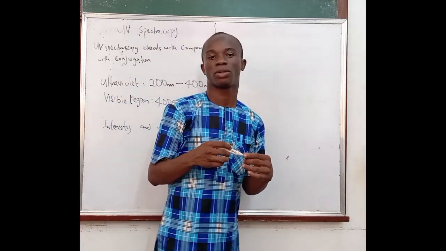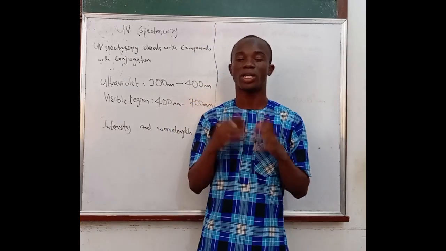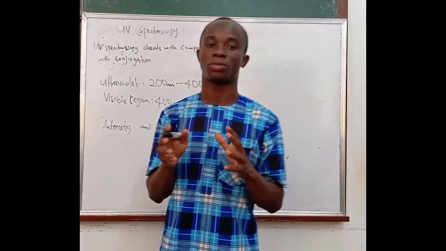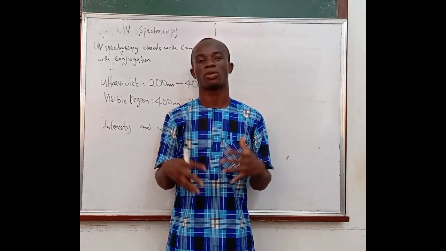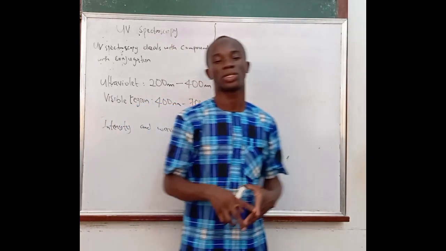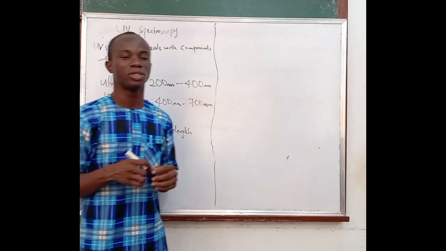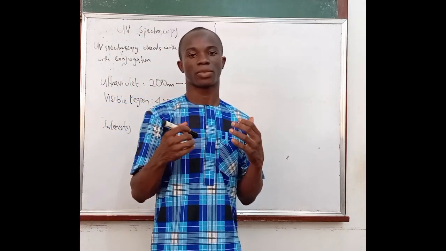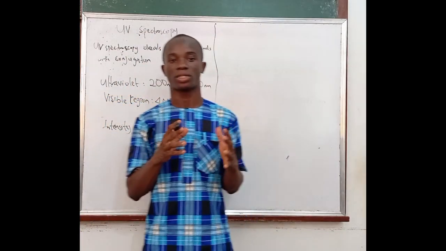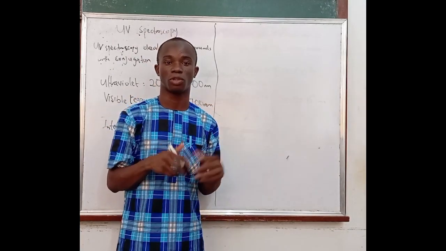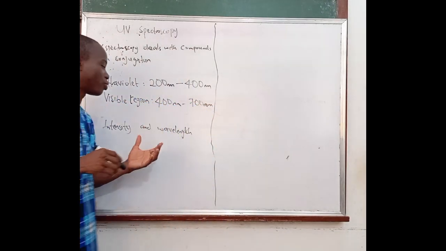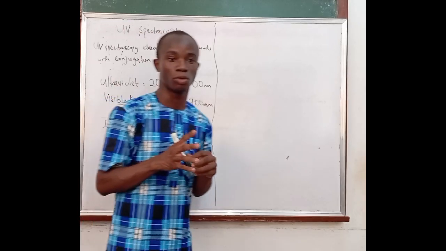For any absorption under UV spectroscopy, you must be able to tell us about the wavelength of absorption, and at the same time the intensity of absorption. From the former lessons on wavelength and wave number, we have talked about the unit for wavelength, which is nanometer.